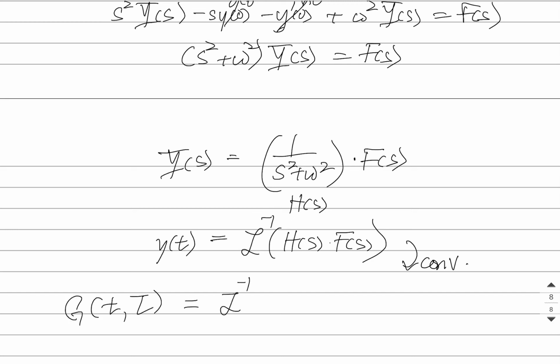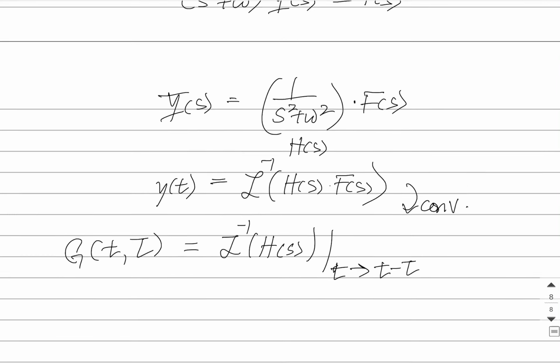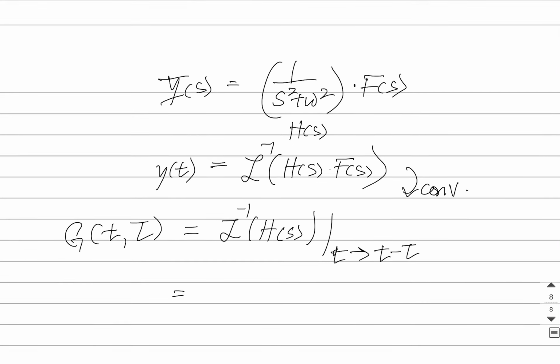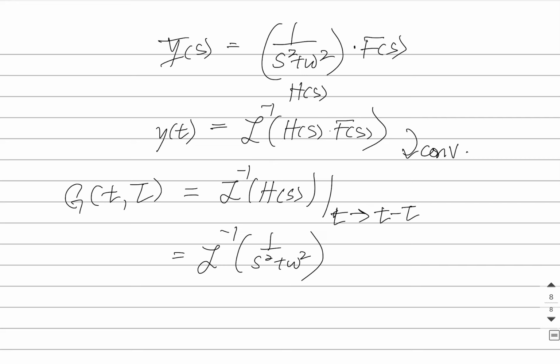But really what we were after here was the Green's function. And by convolution, the Green's function is just going to be the inverse transform of the transfer function, but shifted to t minus tau. So the transfer function here is 1 over s squared plus omega squared. That's very closely related to this expression.